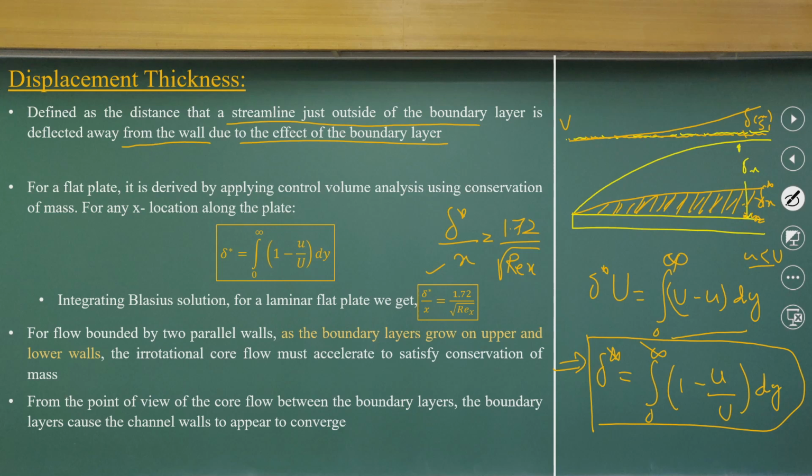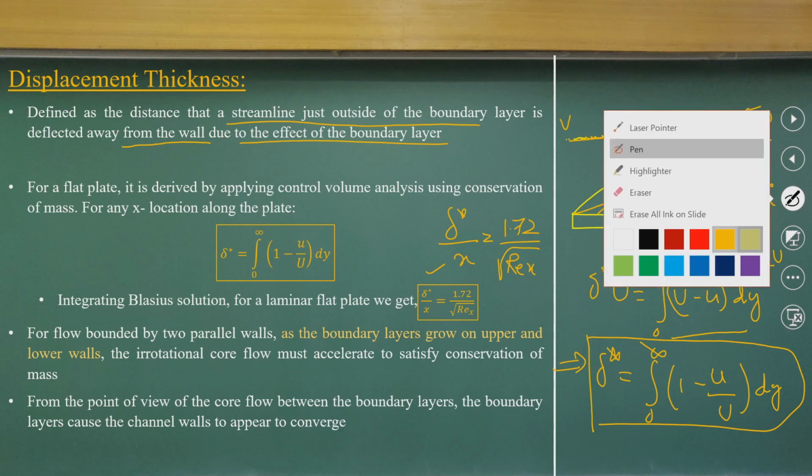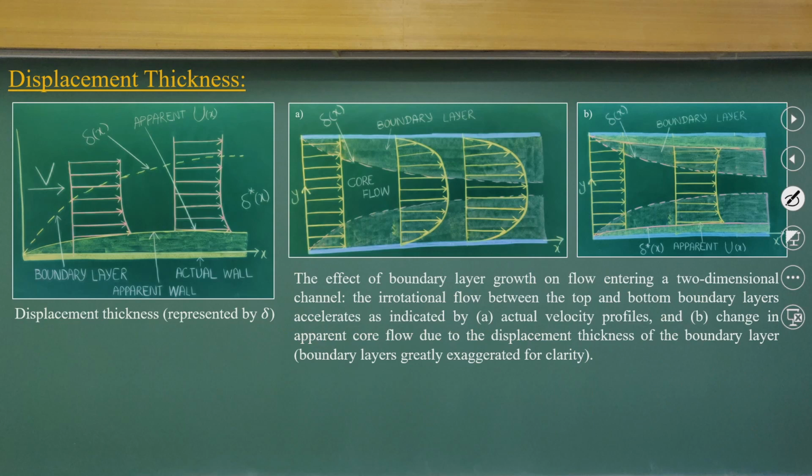Now, what actually helps with this displacement thickness is this: we have an actual wall, but the displacement thickness gives us an apparent wall. Where the flow is irrotational, we can apply these Euler equations. So, the velocity distribution is very close to the slide with deflection.